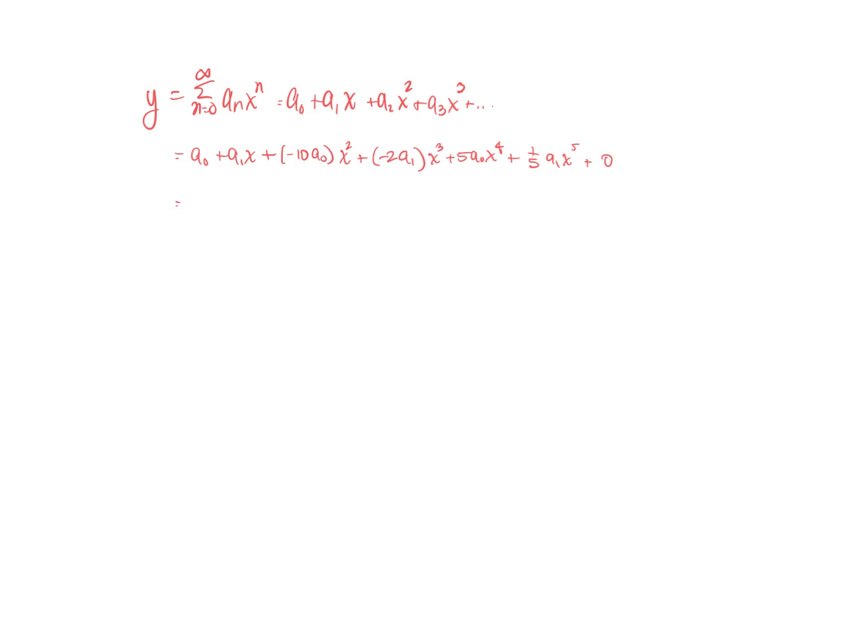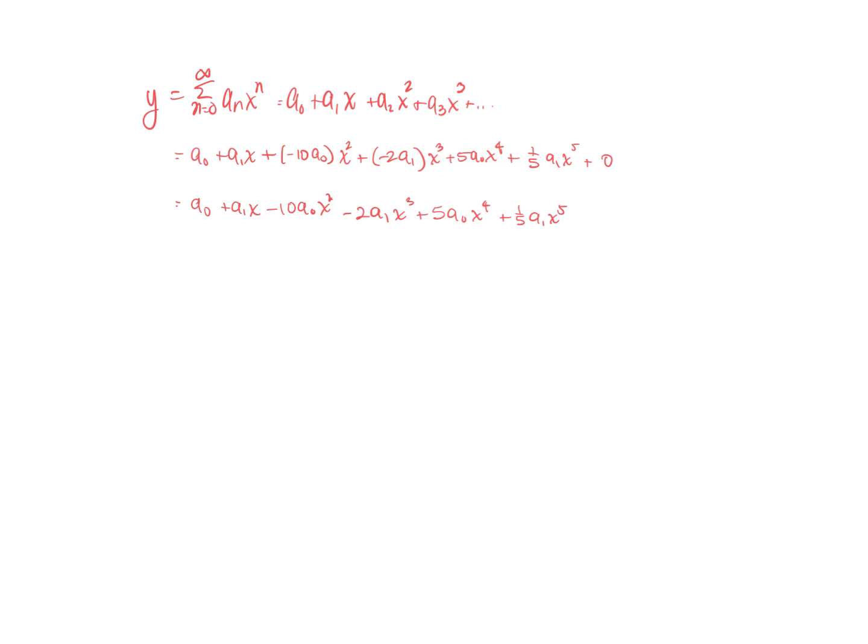So we end up with a naught plus a1x minus 10 a naught x squared minus 2 a1 x cubed plus 5 a naught x to the 4th plus 1/5 a1 x to the 5th. And that's it. Our solution doesn't go any further. All other terms are 0.